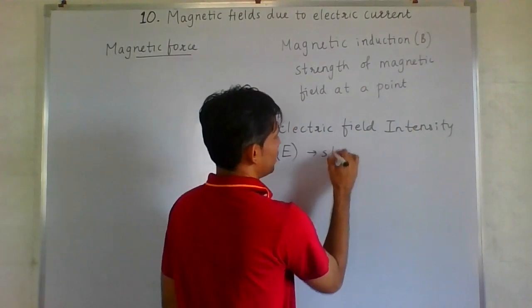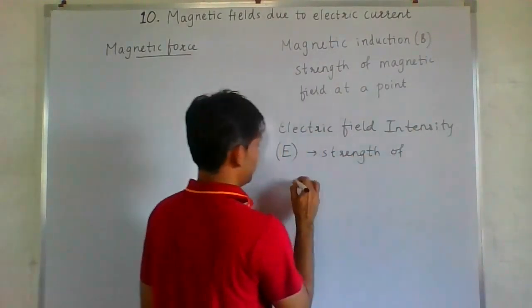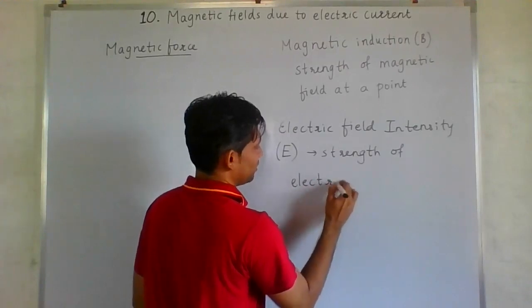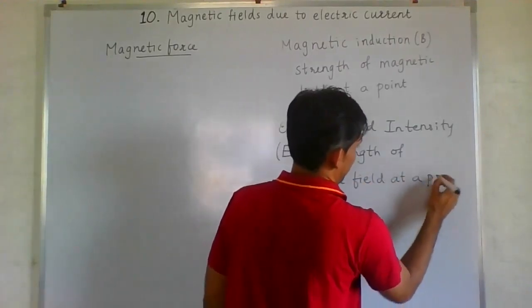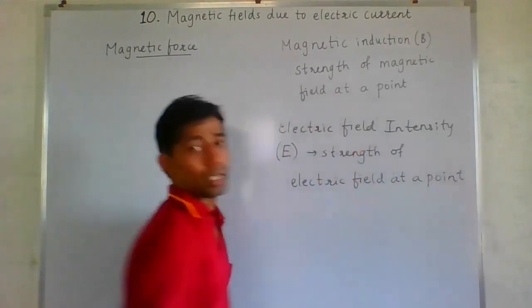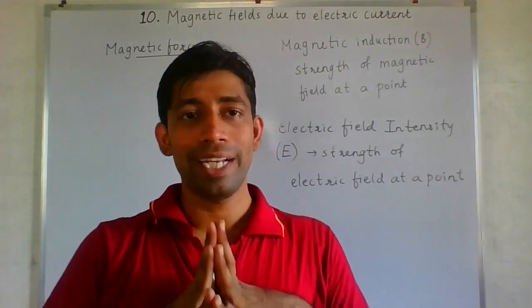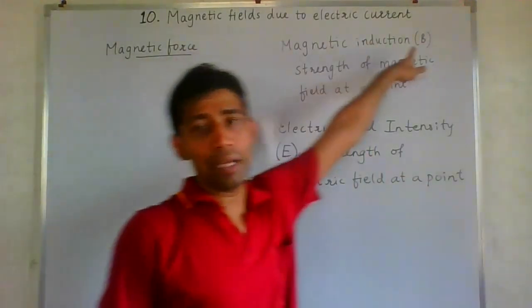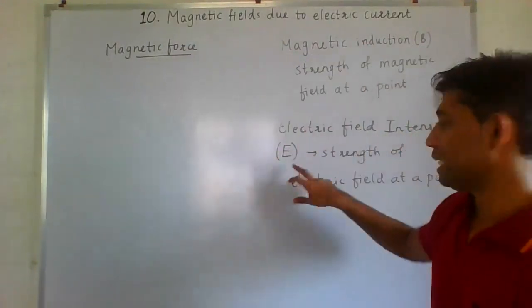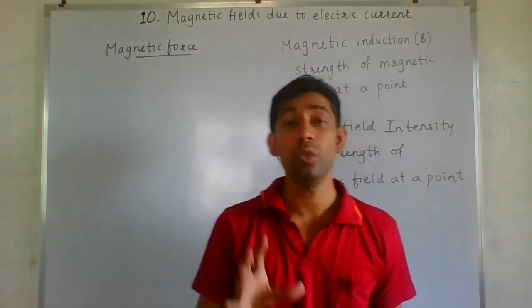So इसका definition ऐसे ही लिख सकते हो, strength of electric field at a point. Got this? Now the important part over here is we are going to study magnetic force, and in that magnetic force, capital E as well as capital B, both terms are going to come.